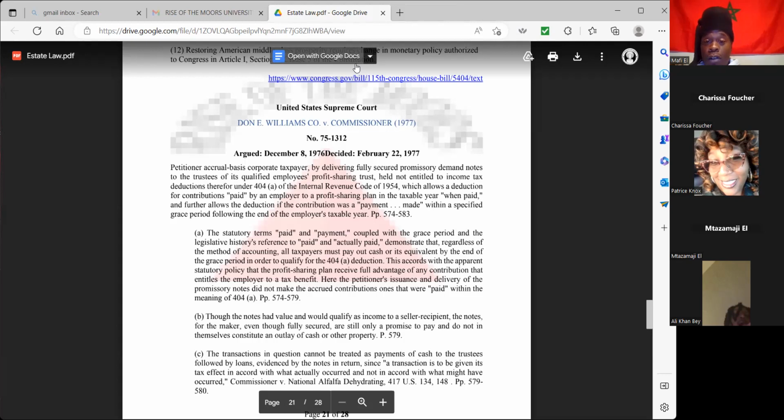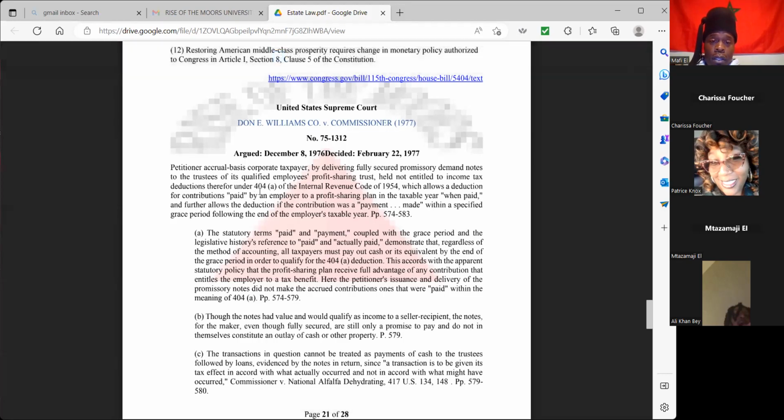Now, that's more reference. Reference that Internal Revenue Code, right? So subsection A of the Internal Revenue Code of this particular section of 404.